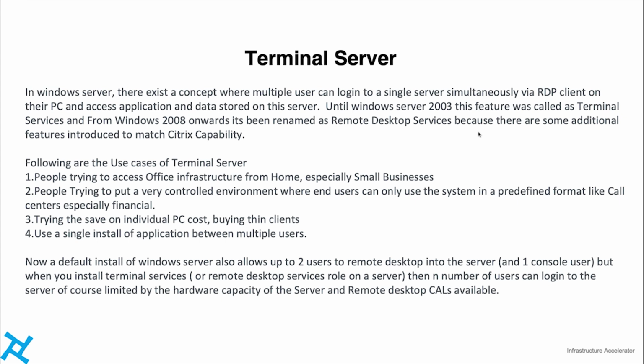And from Windows 2008 onwards, it has been renamed to remote desktop services because there are some additional features introduced to match Citrix compatibility. We'll talk about Citrix after this, but basically up till 2003 it was called terminal services, but after 2008 they added some more functionality and Microsoft started calling it remote desktop services.